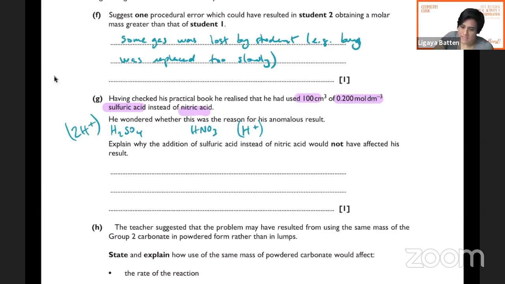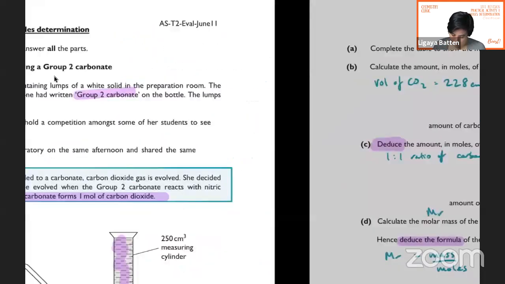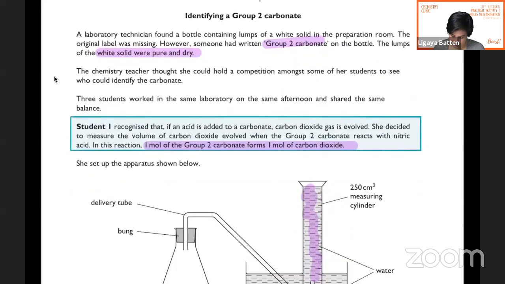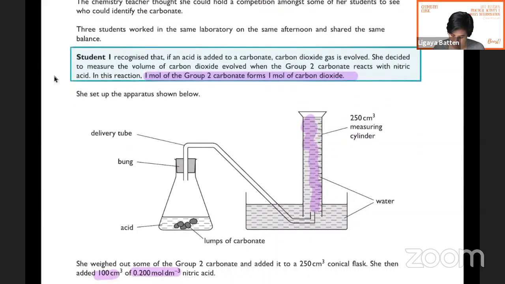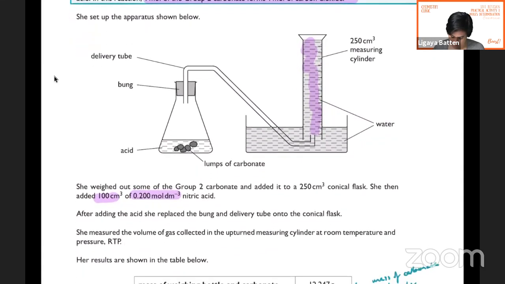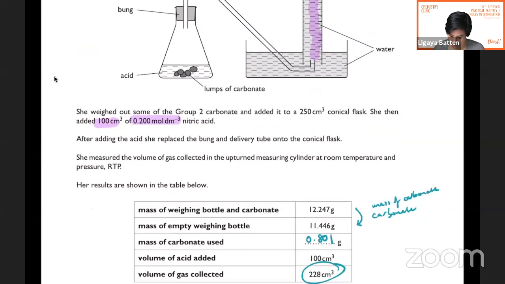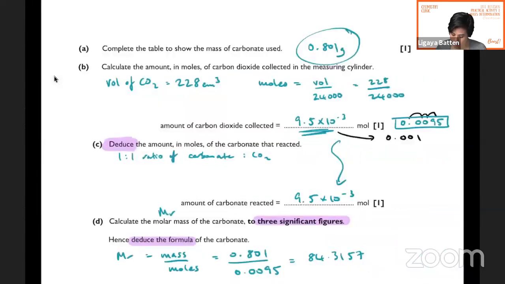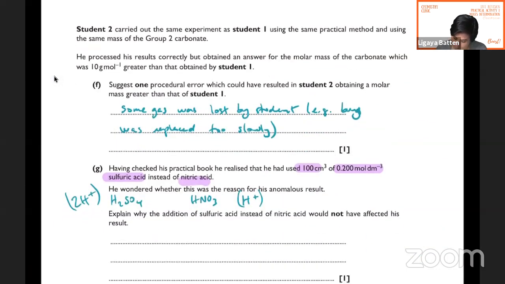However, it says explain why the addition of sulfuric acid instead of nitric acid would not have affected his result. And this is going back to the idea of the balanced equation and which of them was in excess. So if we just flick back through the question, we need to work out from our information which of the things was in excess. Okay, so we know the volume and concentration of our acid.